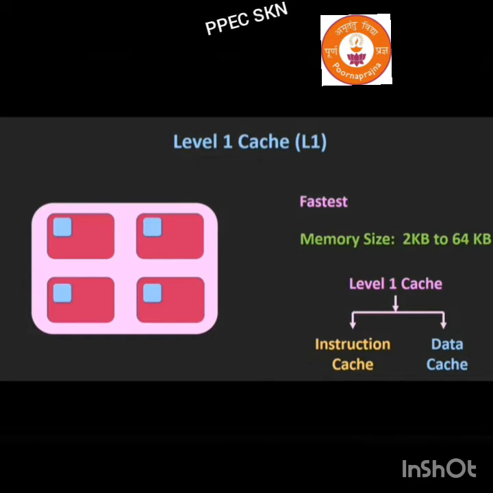This level 1 cache is the fastest cache memory and its size varies from 2 KB to 64 KB. Level 1 cache is again classified into two types: instruction cache and data cache. All the instructions are saved in the instruction cache memory. All the data are saved in the data cache memory.